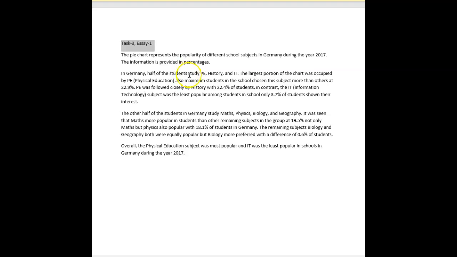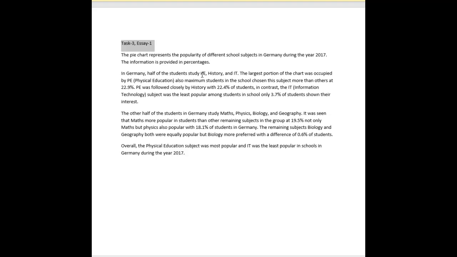So let's look at the first sentence. You said, half of the students study PE, history, and IT. That's not entirely true. It's not that half the students study these subjects. We don't know how many students study these subjects. What we know is that half of the students prefer these subjects, because this is about student preferences. It's not about what classes they take.